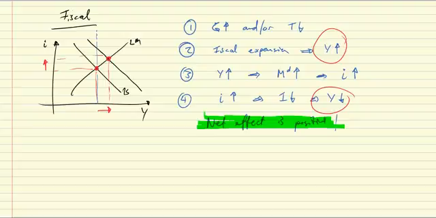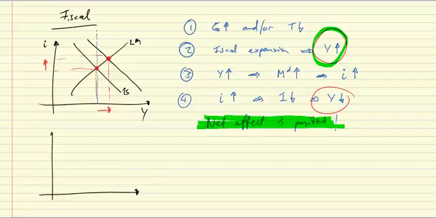Fiscal policy leads through the multiplier process to higher output. Higher output leads to a higher interest rate, which in turn reduces investment, which reduces income, but the net effect is positive as long as the LM curve is not vertical. Let's look at that separately in the goods market and the financial market.